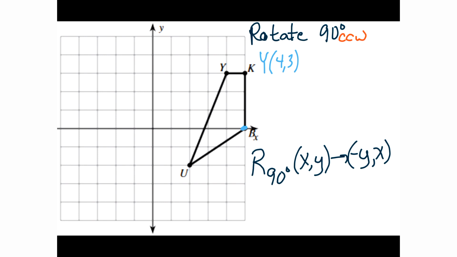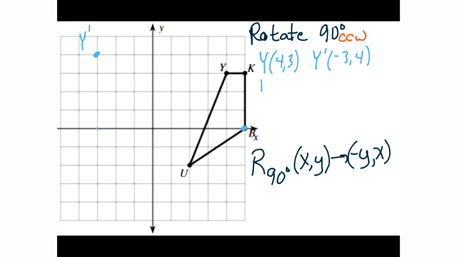So if I input 4, 3 into that rule, my Y prime then is going to be at negative 3, 4. So I come over negative 3, and up 1, 2, 3, 4. So here is my Y prime.